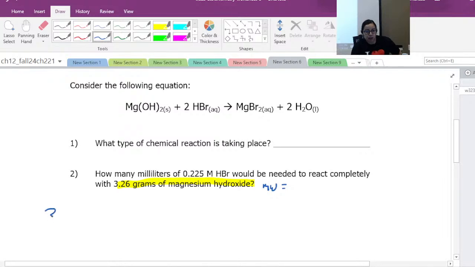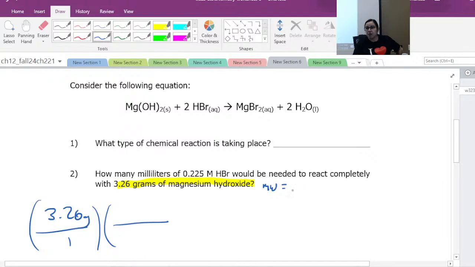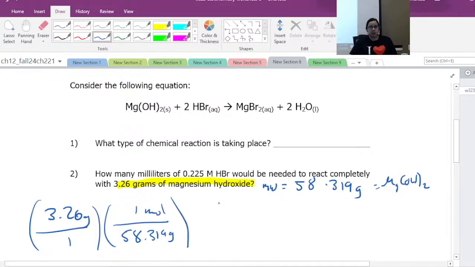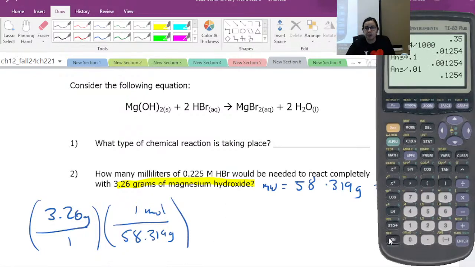Yeah, so you said we need to take 3.26 grams, divide it by the molecular weight of magnesium hydroxide. Yeah, and I see that in chat too. So that sounds good. Did everybody get that? So that's our magnesium hydroxide, grams per mole. All right, so then we have moles of magnesium hydroxide.